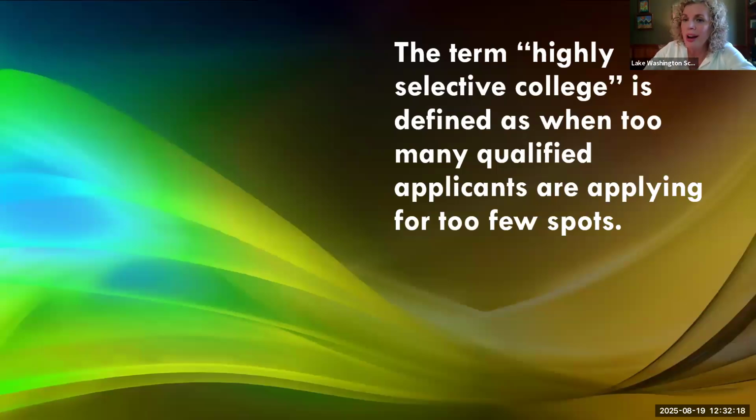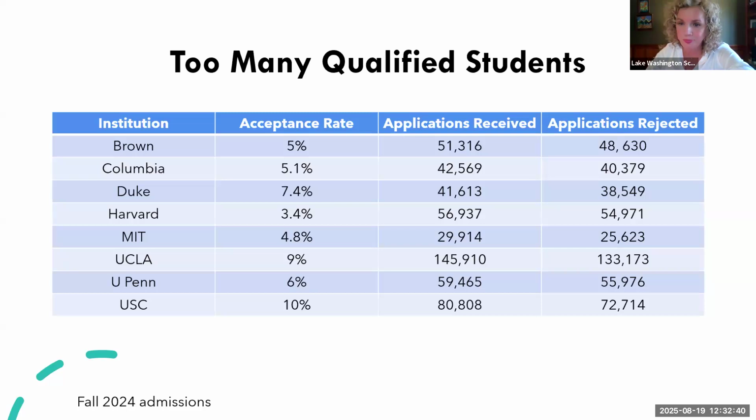When I use the term highly selective college, all that means is that too many qualified applicants are applying for too few spots. And I got to tell you guys, here in the Seattle area, Lake Washington School District area, there's a lot of very smart, very high achieving students, and colleges can't take everybody.